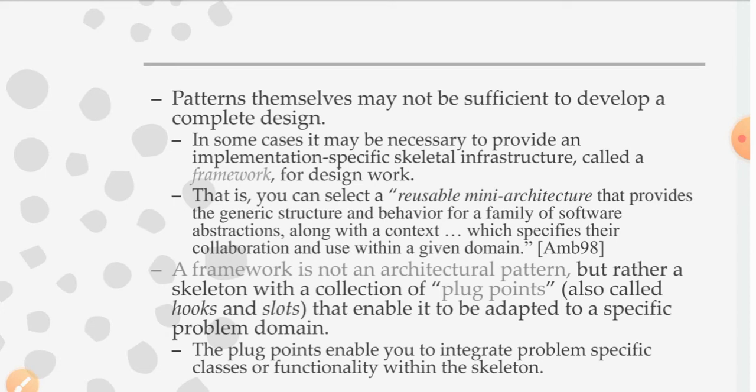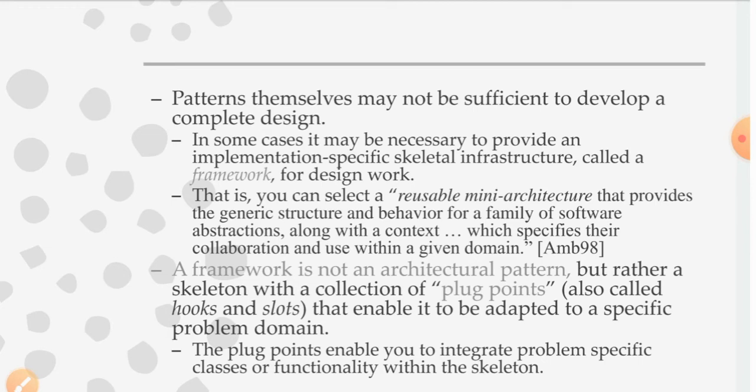So in some cases it may be necessary to provide an implementation-specific skeleton infrastructure called a framework for design work, that is, the 3D view of your pattern. That is, you can select a reusable mini architecture that provides the generic structure and behavior for a family of software abstractions, along with a context which specifies their collaboration and use within a given domain.